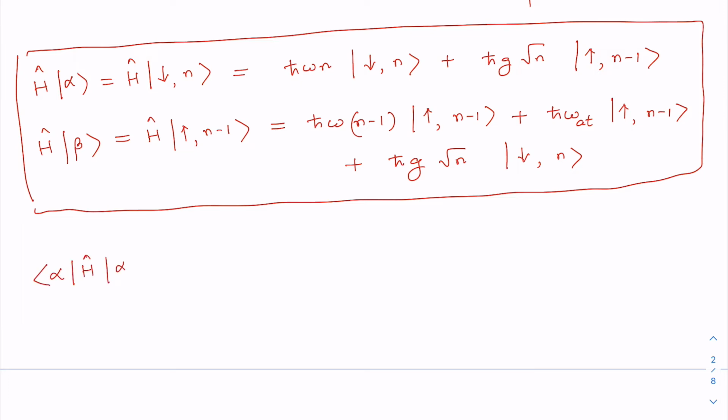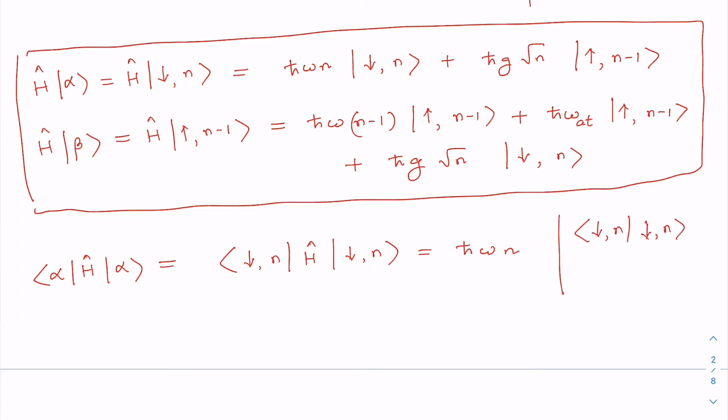So alpha H alpha, you have to look at the expressions and you can immediately make out that it would be simply ħω n, because you know that these states are normalized. On the other hand, if you have an inner product between different states, then you know that this would be equal to 0. Utilizing these relations, you can immediately work out all the terms.